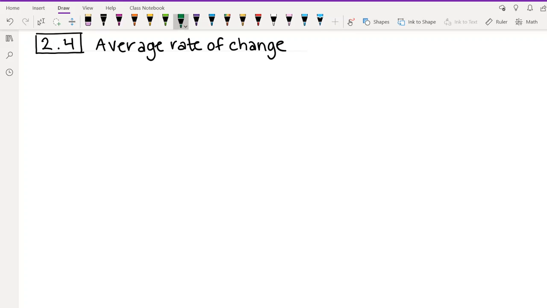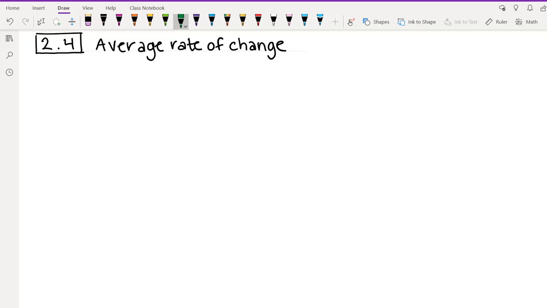Okay, so let's say that you have some kind of a quantity that is changing. When I say a quantity, it's something that you're measuring. So examples could be the temperature. I know I keep using temperature as an example, but it's just a nice simple example. Temperature changes as time goes on. Or it could be population, like the population of a city is going to change as time goes on.